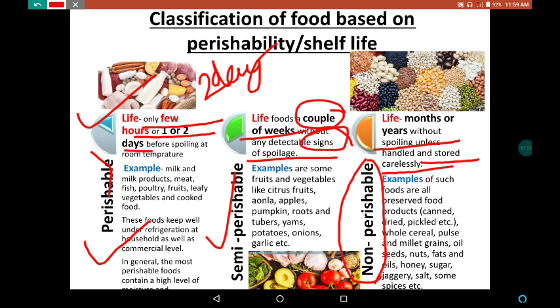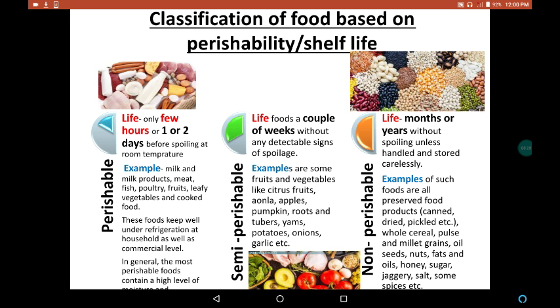But if you are careless in storing or handling them, then it can be spoiled. Examples are some canned food, whole cereals, pulses, millets, grain, oilseeds, nuts, fats, oils, honey, sugar, jaggery, salt, and some types of spices. So it is clear there are three types of food according to their shelf life: perishable, semi-perishable and non-perishable.